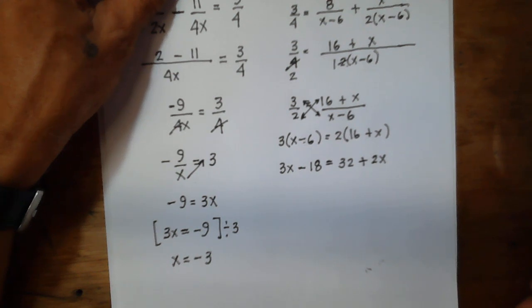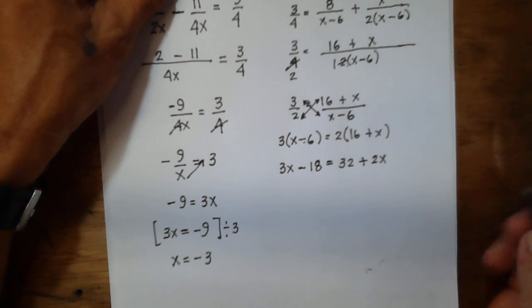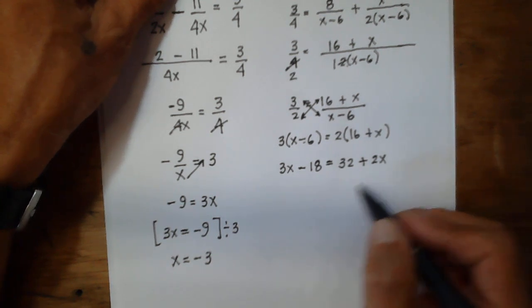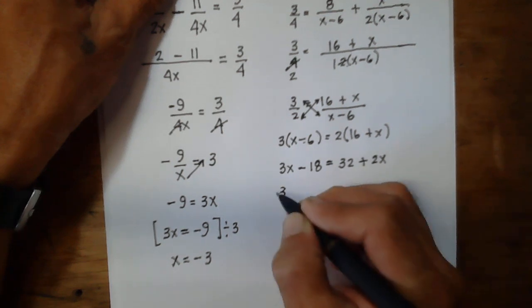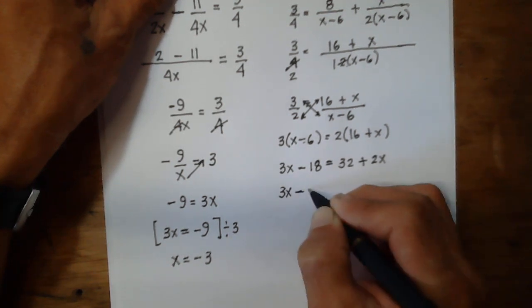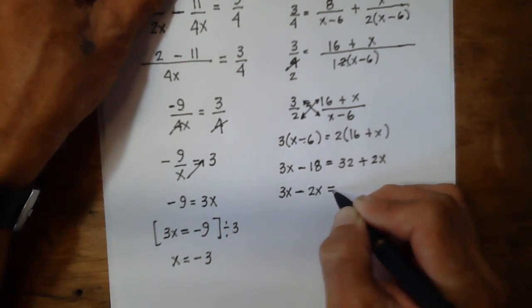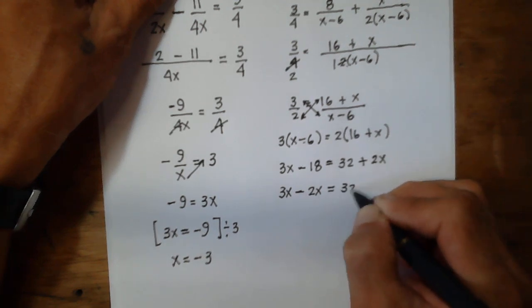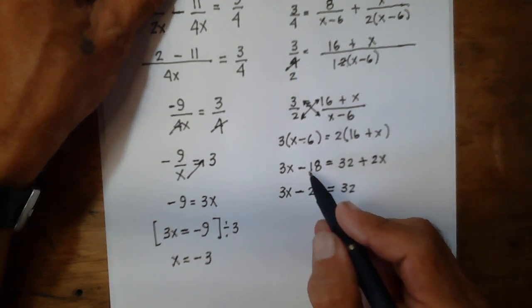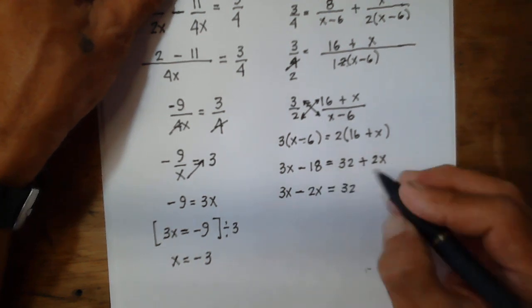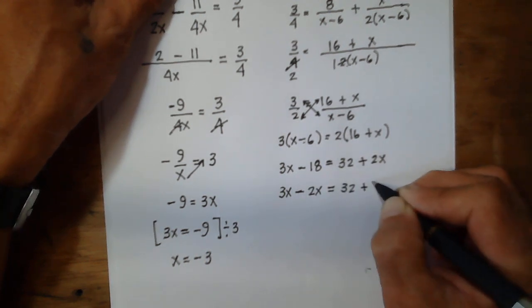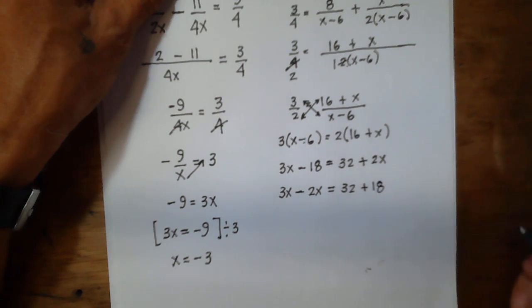Now we solve for the value of x. Then we move terms that are similar. Okay? Now we bring 2x to the left side of the equation. So this is positive and this becomes negative. And this is negative, so this becomes a positive now.